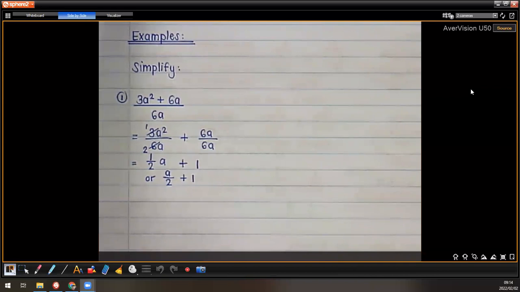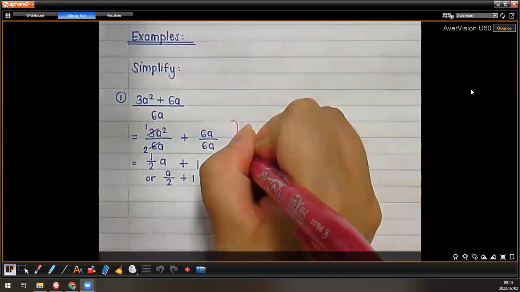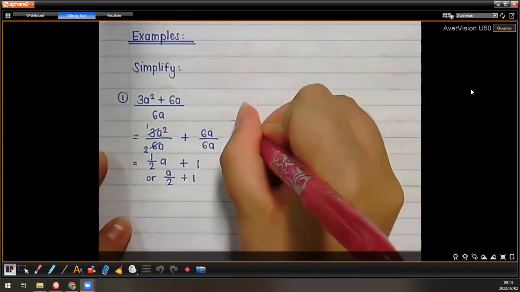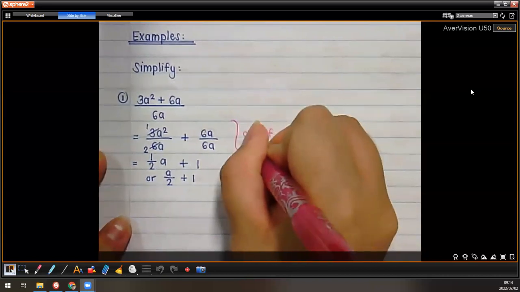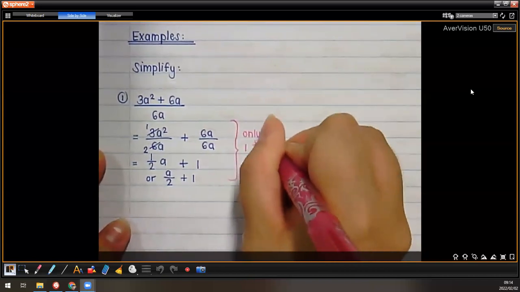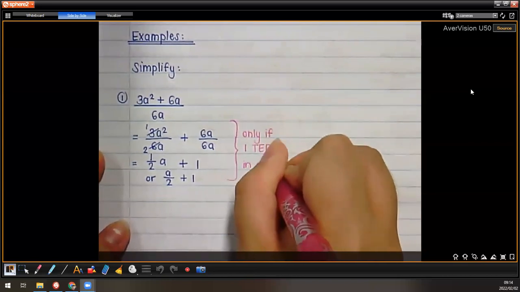As soon as you have an x plus 2, for example, at the bottom, you can't split the fraction up like that. So this method only works if you have one term in the denominator.